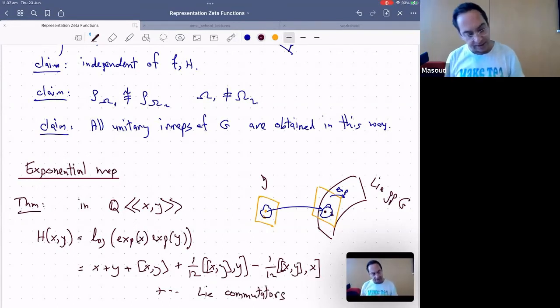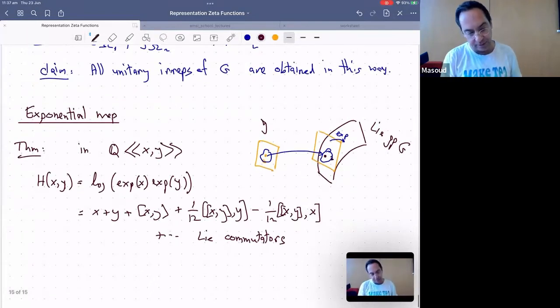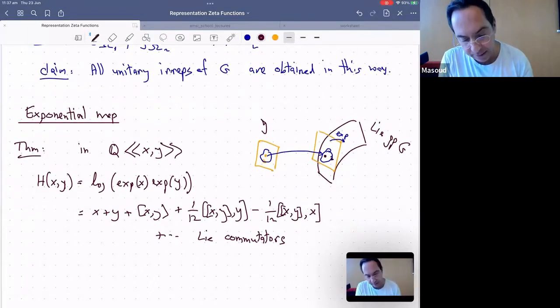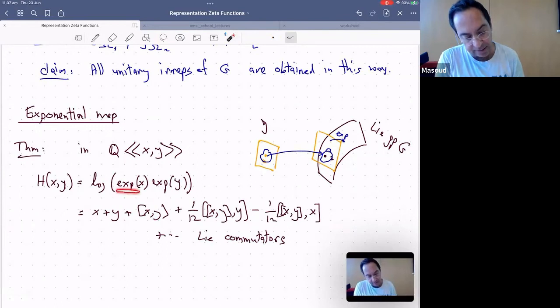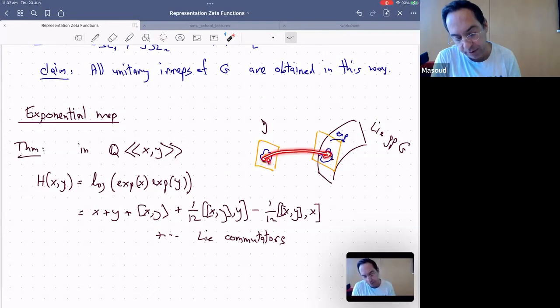This is the key. Let's see what it means. Here's the exponent of x, the exponent of y. It says that if I take 2 points here and I map them into the neighborhood here, and I multiply them on the group side, group multiplication, and then I take the log and go back here, I get something which only depends on Lie commutators.